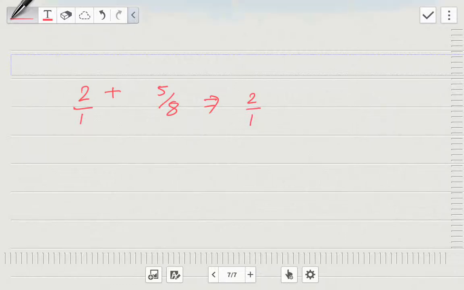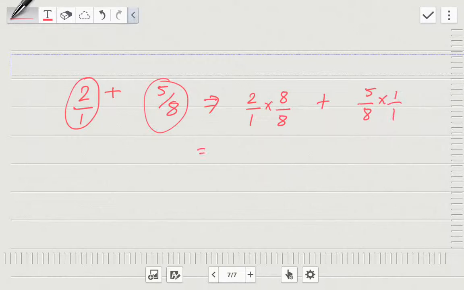The strategic value, so that we can multiply the first fraction, is 8, 2 multiplied by 8, plus for this the strategic value is 1, 5 divided by 8 multiplied by 1. So we have 16 divided by 8 plus 5 divided by 8, and we got 8 and 8, that is 8. 16 plus 5 is 21.